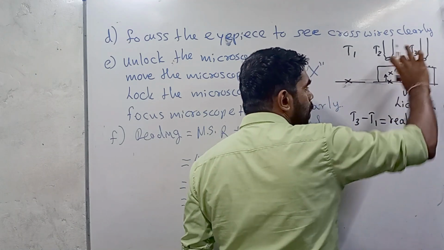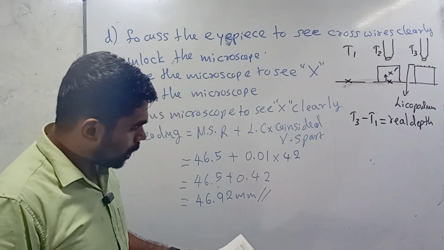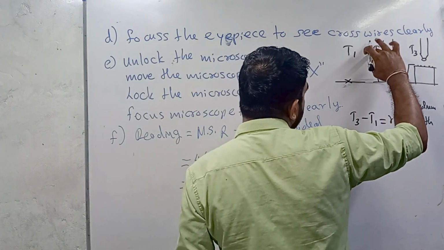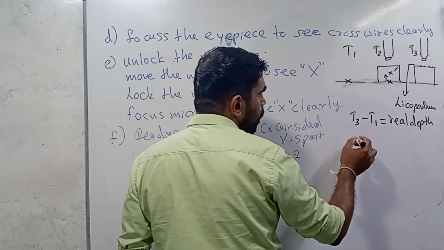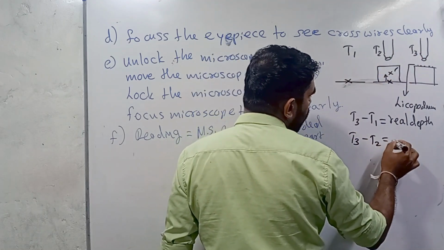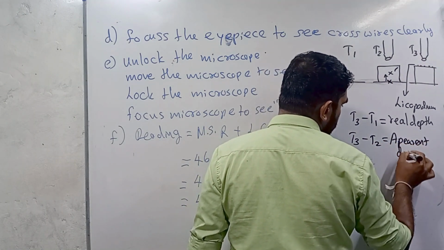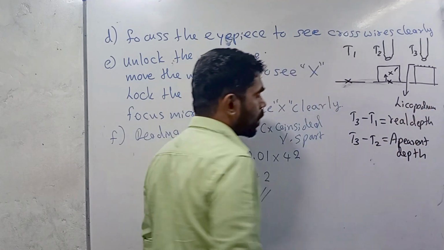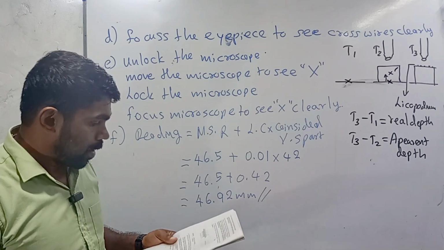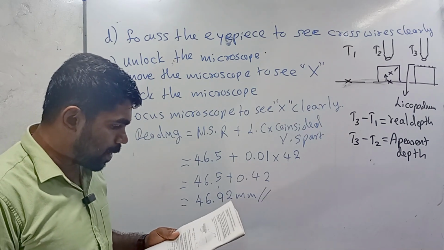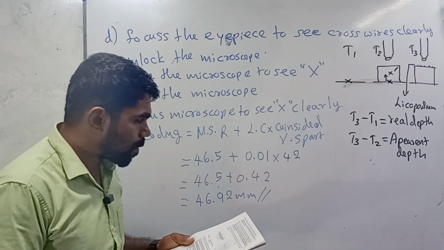Real depth means the height of the glass block. T3 minus T2 is the apparent depth. We can calculate the refractive index using the real depth and apparent depth. Now I will not write the steps because they correspond to the optics lesson.